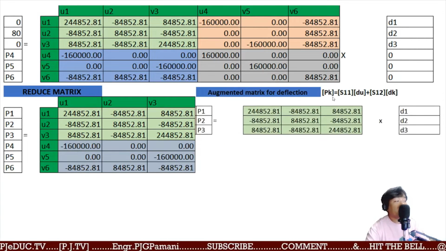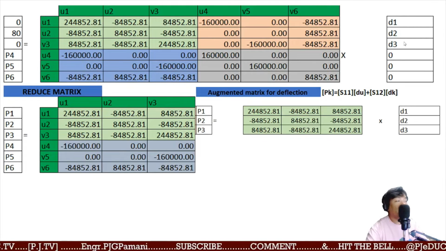That is the known forces, times this matrix, times the unknown matrix, plus this matrix times the known matrix.